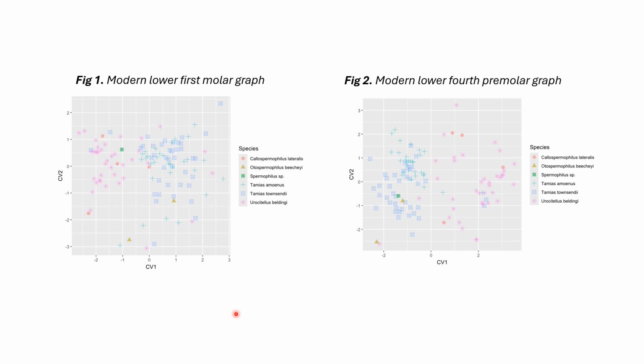Now we get to the actual data, the graphs that we found. This is the modern samples that we have, and it is the lower first molar. We have multiple different species here. We have Callospermophilus, Otospermophilus, an unknown Spermophilus species, and we have Tamias and Urocitellus.